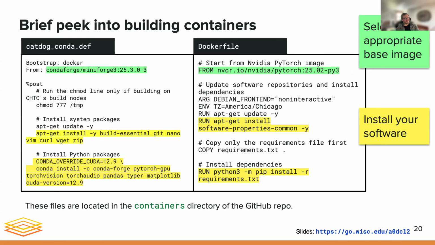And as you can see here, they have different syntax for how to define what these container images are built from. On the left is a Singularity or Apptainer image definition, and on the right is roughly the equivalent Docker definition.